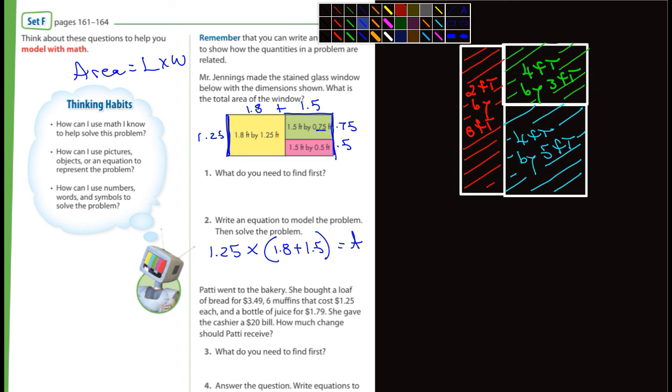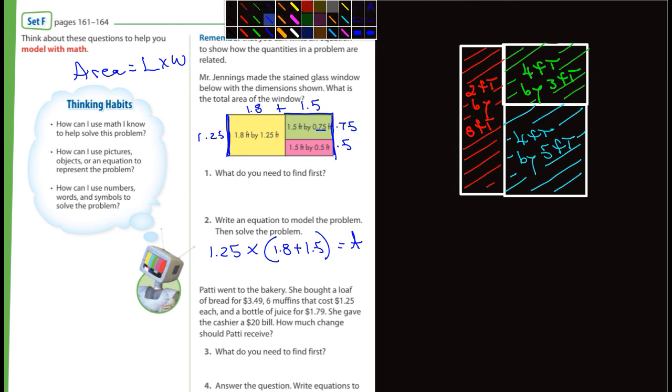And I did another one here that you could solve the same way. Here we have 2 feet by 8 feet, the red here. So, well, what do you think, what's the 8 feet? Well, this is going to be the 8 feet, this whole length here.